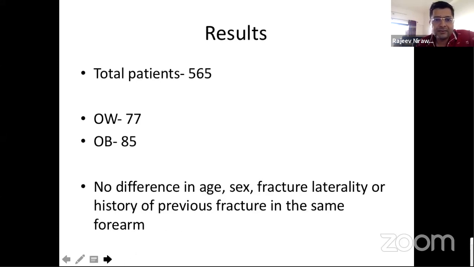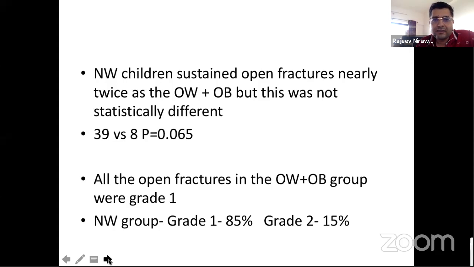Coming to the results, they had a total of 565 patients. Overweight patients were 77, obese patients were 85, but there was no difference in age, sex, fracture laterality, whether right or left, or history of previous fracture in the same forearm. The normal weight children sustained open fractures nearly twice as often as overweight and obese children, but this was not statistically significant.